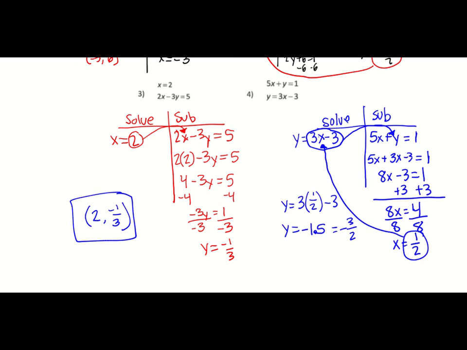Either way, you can write it as a fraction or a decimal. That makes our final answer here. My x value is 1/2. My y value is negative 3/2. That is my solution to these two equations.